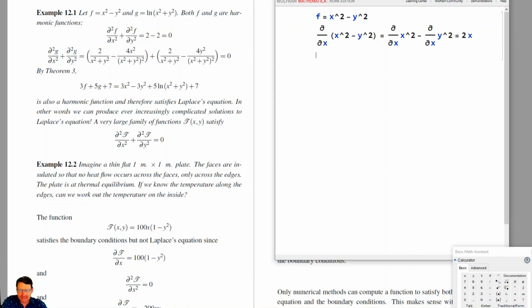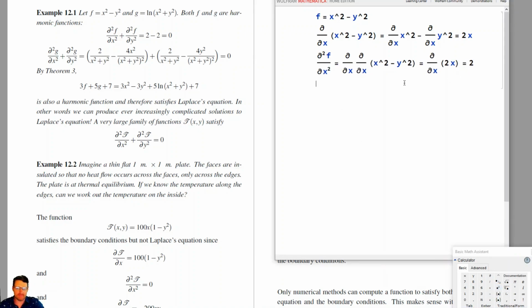Now, if we do that again, we differentiate this again. So I'm applying d/dx twice. That means I'm applying d/dx to 2x, and so we get 2 for the second partial derivative of our function f with respect to x.